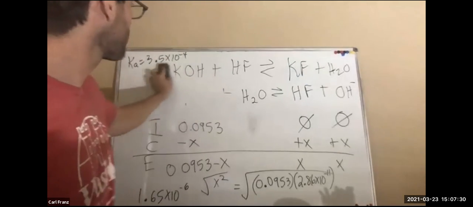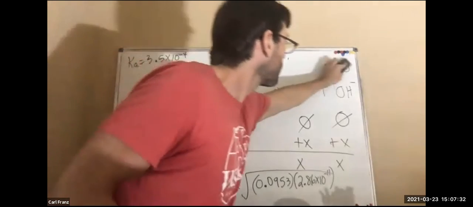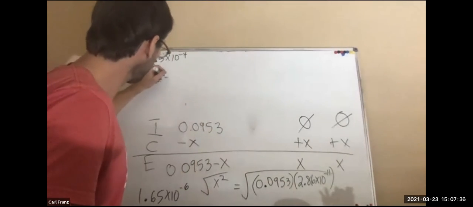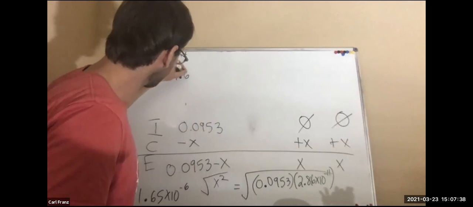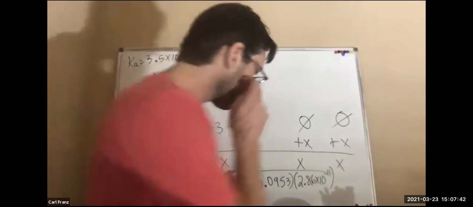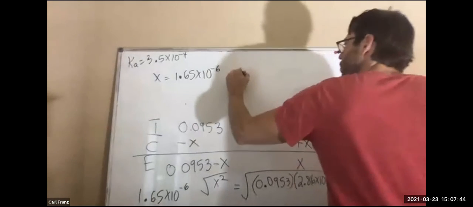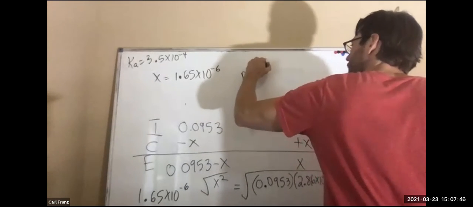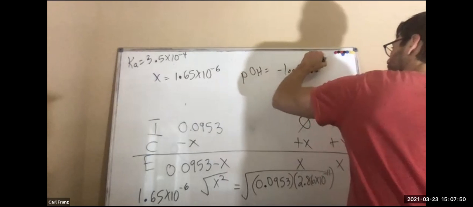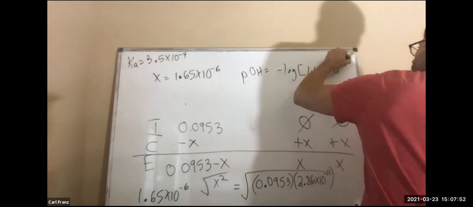Okay, so I'm going to erase this stuff here. We say that x equals 1.65 times 10 to the negative 6. pOH equals the negative log of 1.65 times 10 to the negative 6.